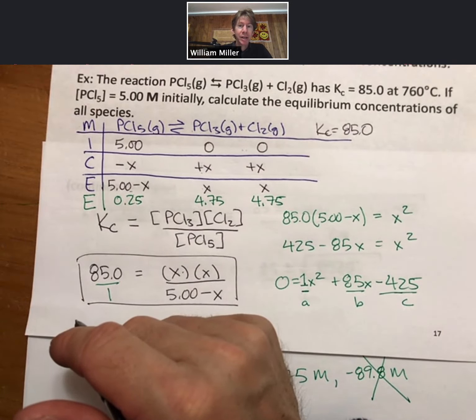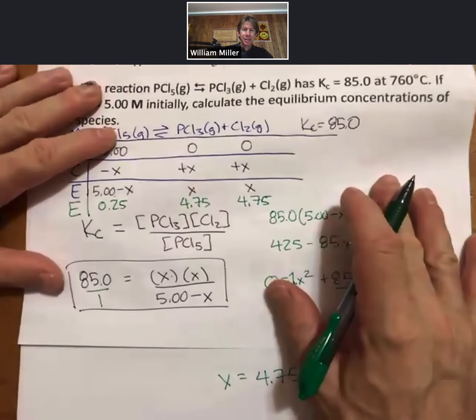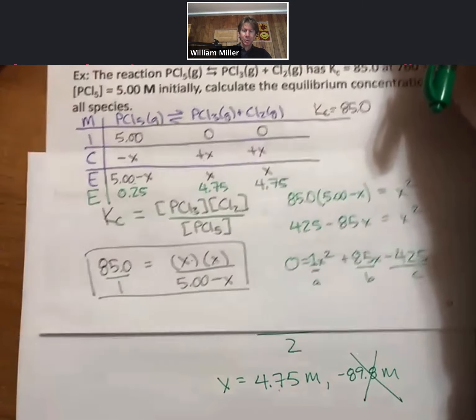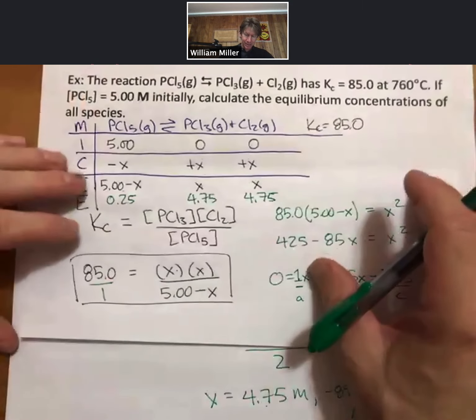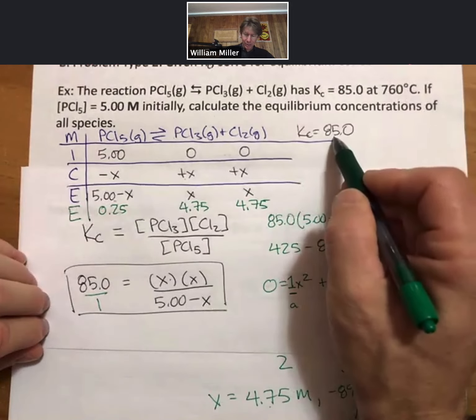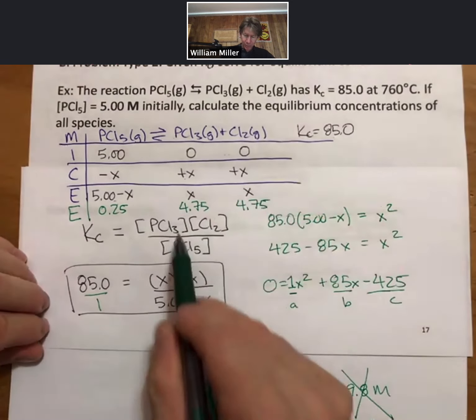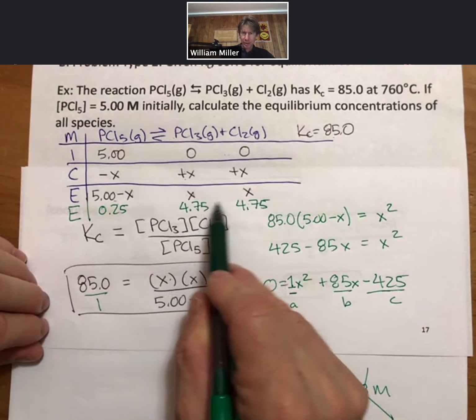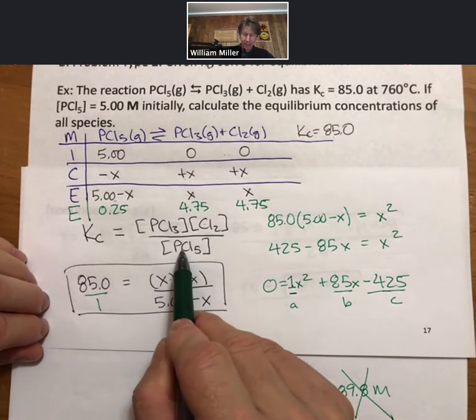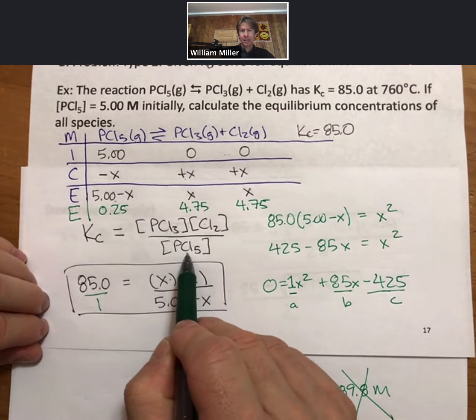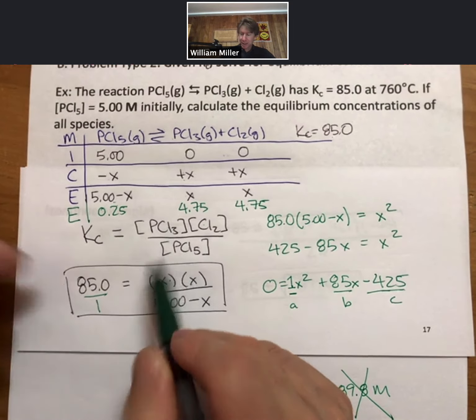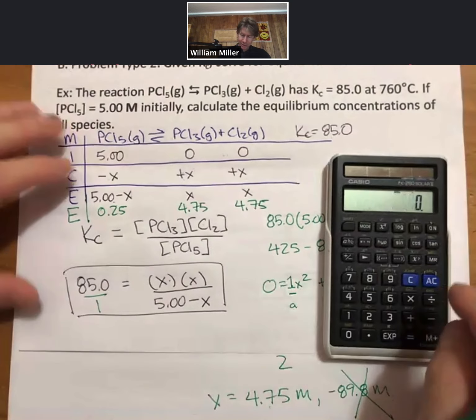And another thing that's really nice about these problems is they're self-checking. What I mean by that is that we know that Kc equals 85. If we multiply these two numbers and divide by our reactant concentration, we should get 85, or something very close. Let's see what we get here.